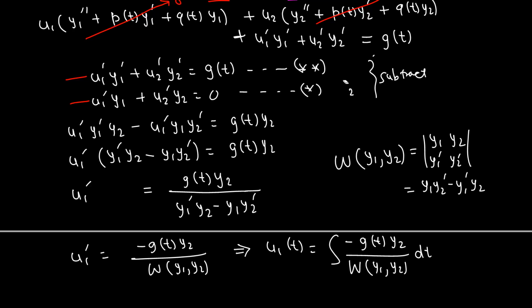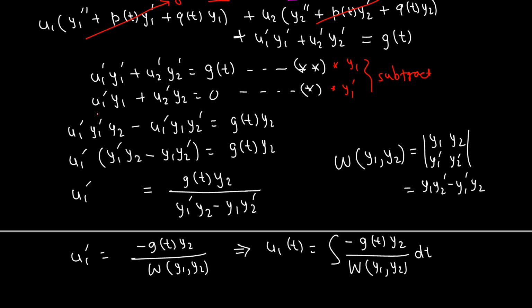Now we need to multiply by different functions, and we are trying to cancel first terms. Okay, so we cancel this. Now we want to cancel the first term, so multiply this by y1 and multiply this by y1 prime and subtract again.